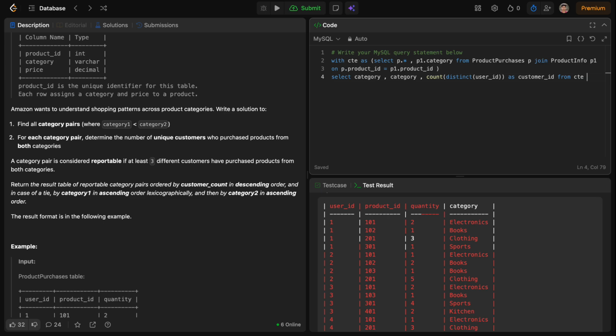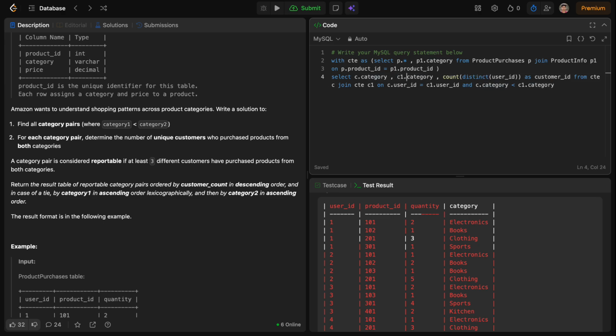From the CTE, aliased as C, join the CTE as C1, on the user ID, C dot user ID equal to C1 dot user ID, and the condition is C dot category less than C1 dot category. Perfect. I think you understand what I am trying to do here.